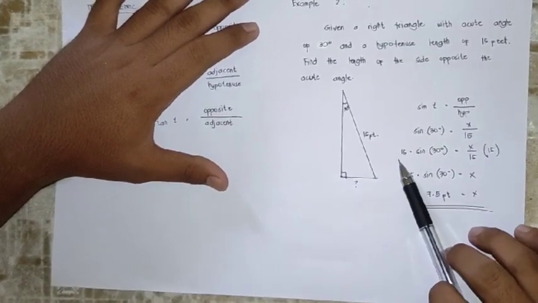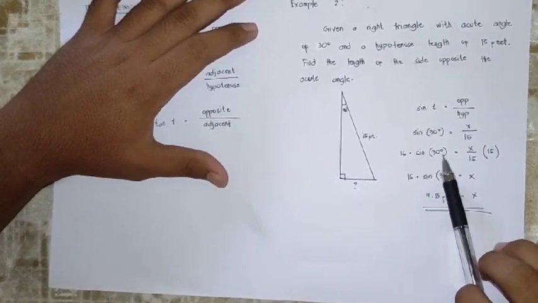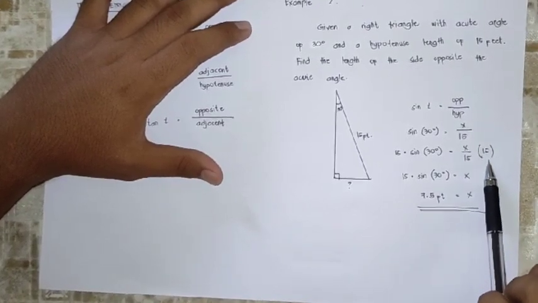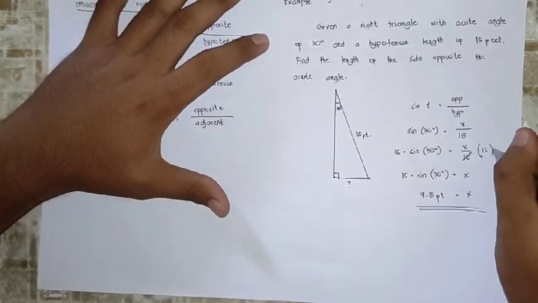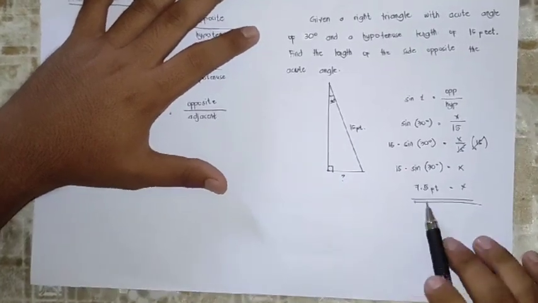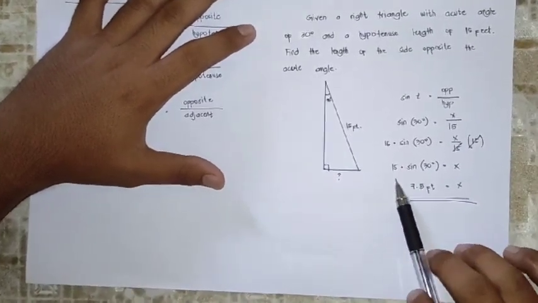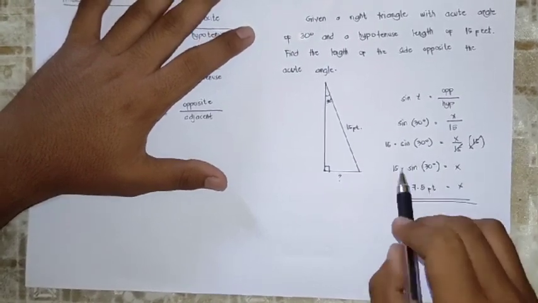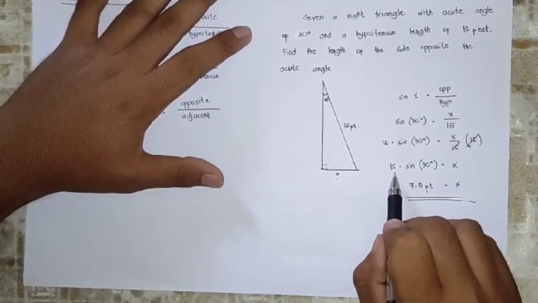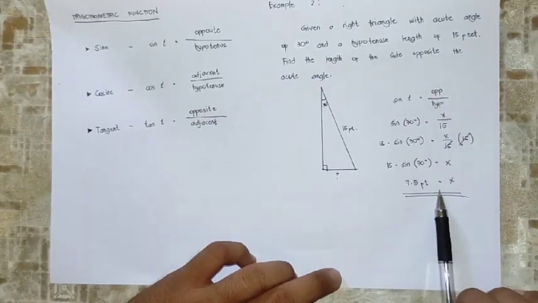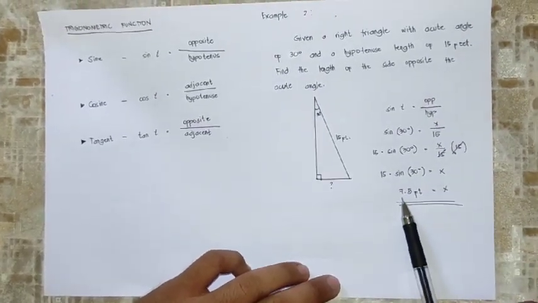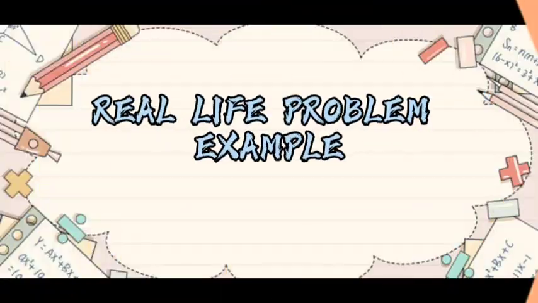So 15 times sine of 30 degrees is equal to x over 15 multiplied by 15 to cancel this out. So the result would be 15 times sine of 30 degrees is equal to x. We will solve this on our scientific calculator. So the value of our x, or opposite, is 7.5 feet.